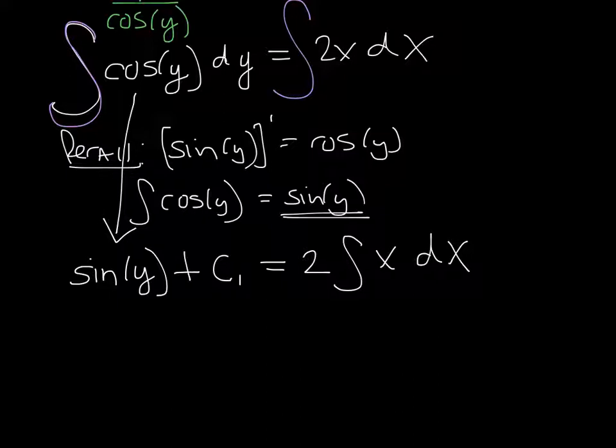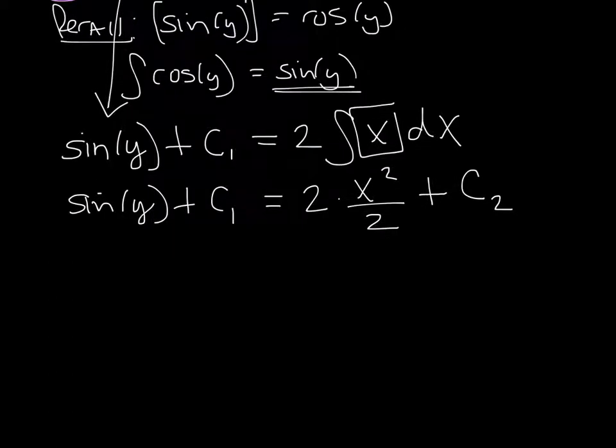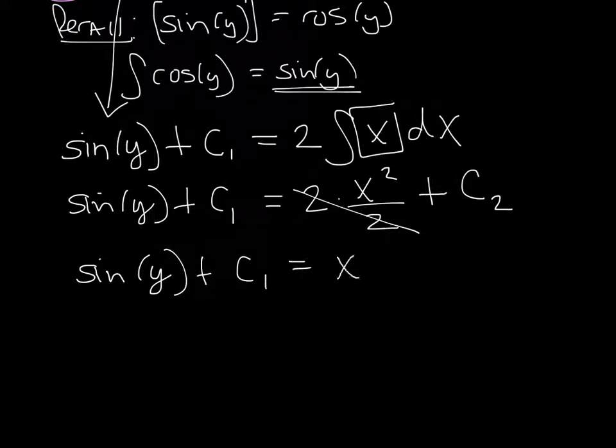So we have sine of y plus c1, and I take the constant multiple rule, and then I can write x squared over 2, if I integrate this, plus a constant of integration, which I'll just call c2. And that's a big 1, so we get sine of y plus c1 equals x squared plus c2.